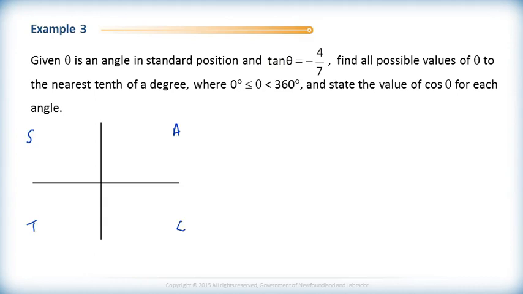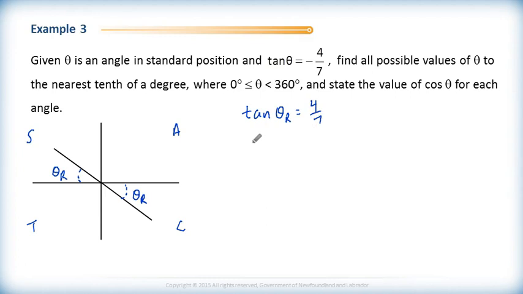Now, because the tan of our angle is negative, we'll use CAST to determine that our possible quadrants are in the second and in the fourth. Those are the two places where tan could be negative. We know that both of those angles will have the same reference angle. That's the only thing we can find reliably. So we have tan of our reference angle is equal to 4/7.